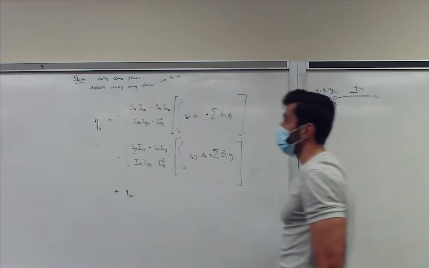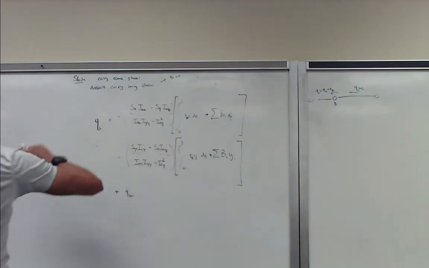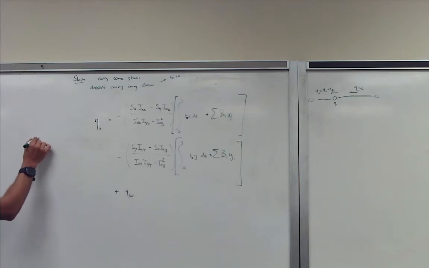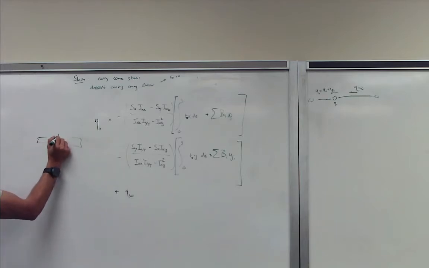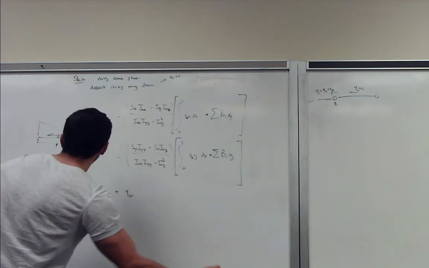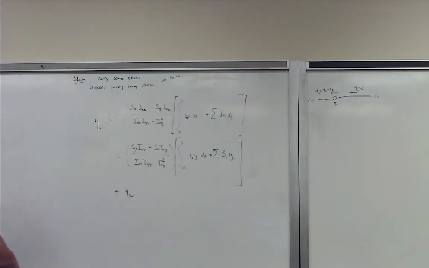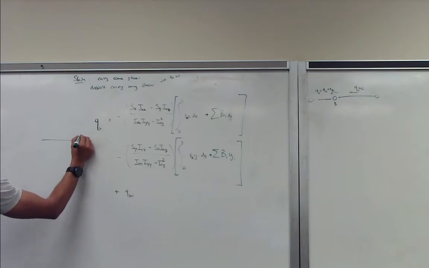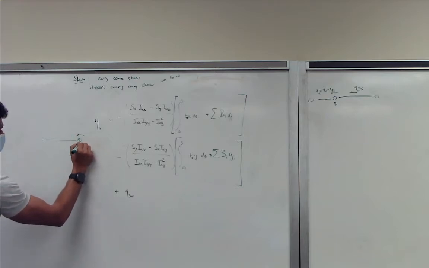So when we have our skin panel, normally we had our thickness and our shear flow would increase as we move along our segment. This is no longer valid. Because we don't have any thickness, this basically drops to 0, and the only increase happens when we pass a boom area.